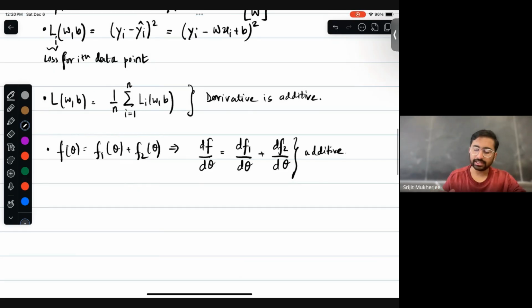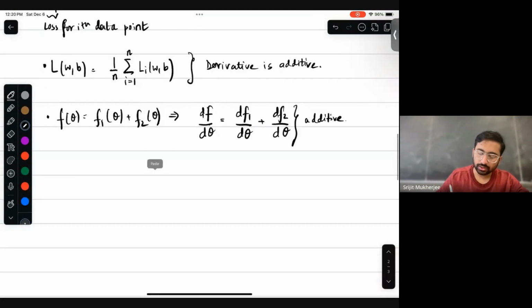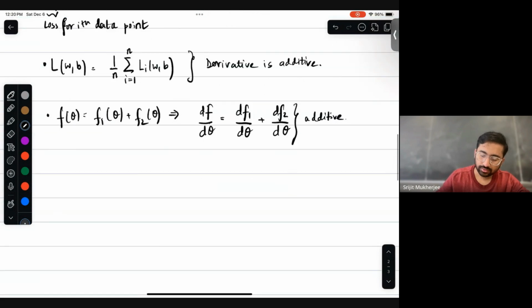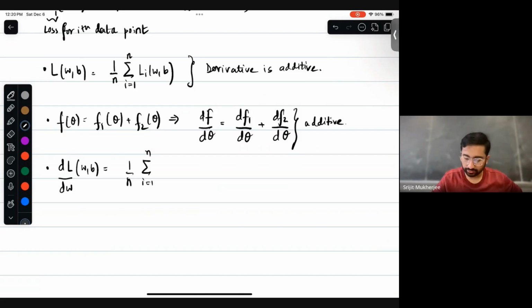So in this case, if you observe, del L by del w will be nothing but 1 by n summation from 1 to n of the individual derivatives, del Li by del w.